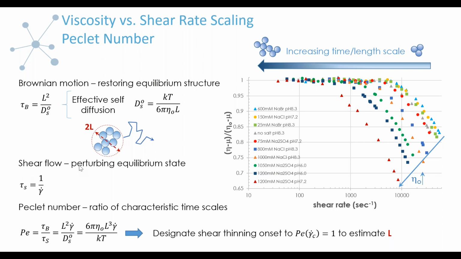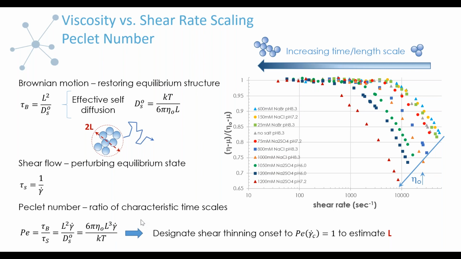Shear flow time is more obvious. It's just inverse shear rate. So now the Peclet number is the common way of rescaling the shear rate when you're looking at this competition of time scales. It's just the ratio of the Brownian motion time scale over the time scale associated with the shear flow. So substituting all this in gives this equation here.